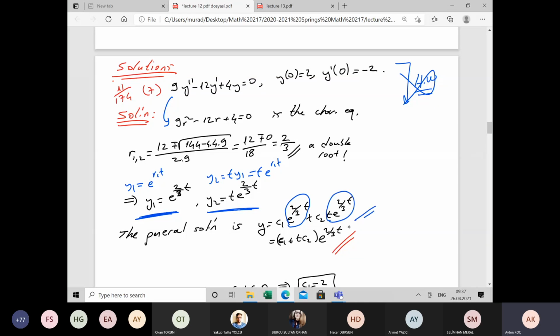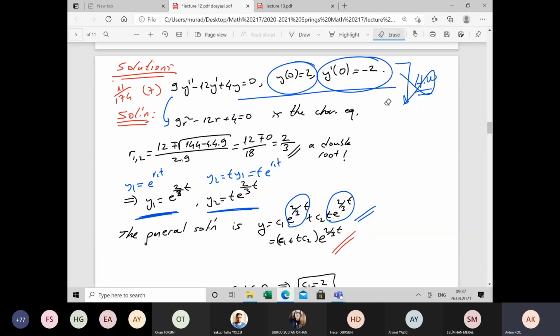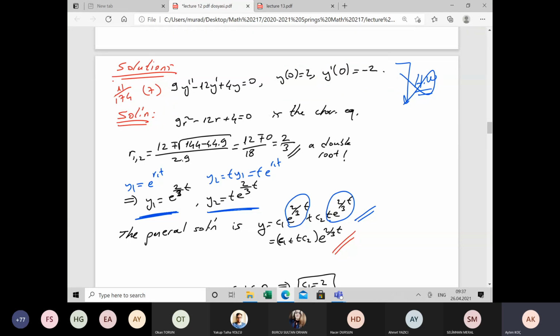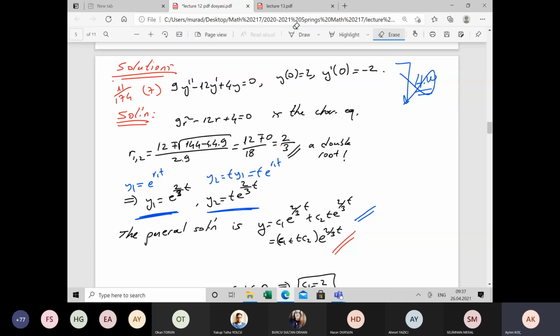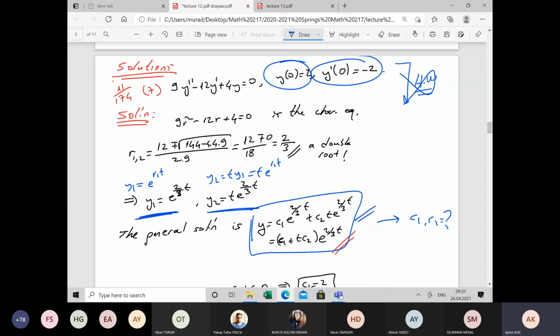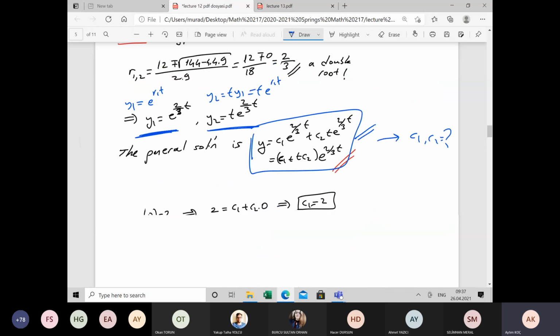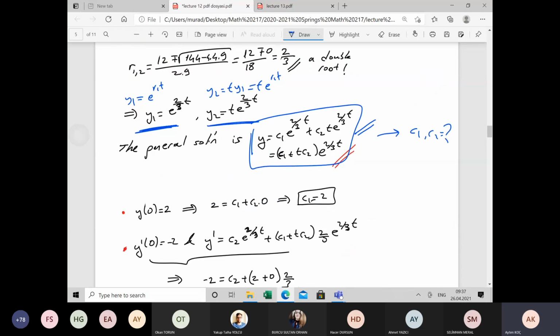But this one is an initial value problem, so we use the initial conditions to get the unique solution. Our aim is to find c1 and c2. What is the first condition? y(0) should be 2.